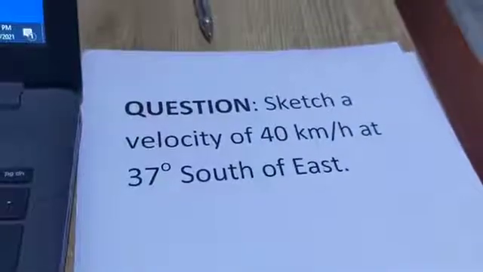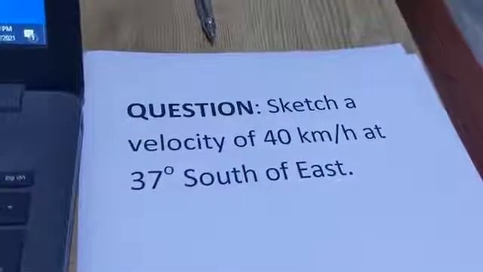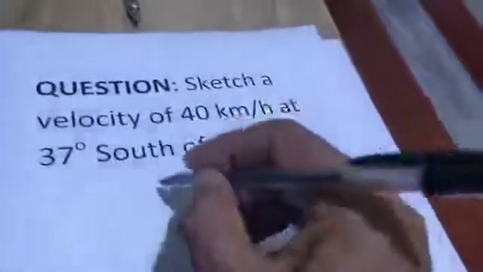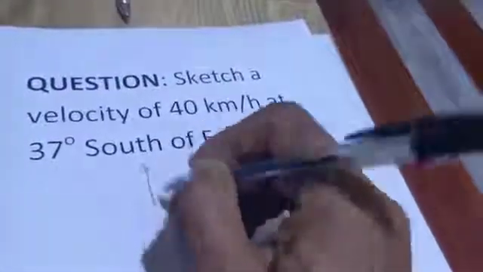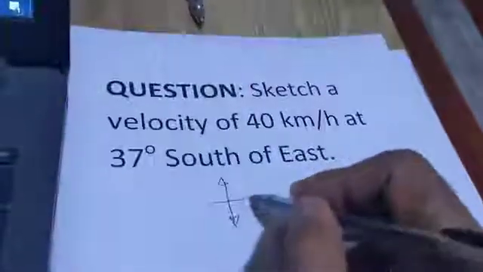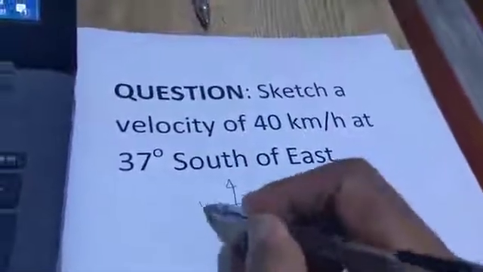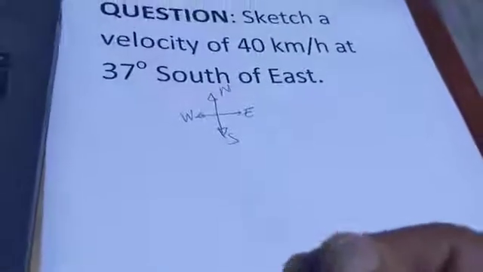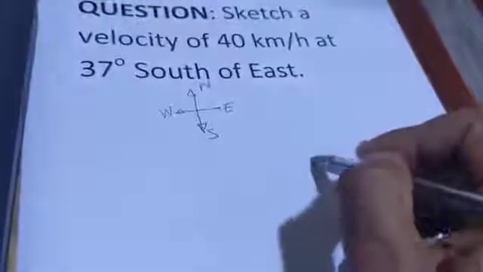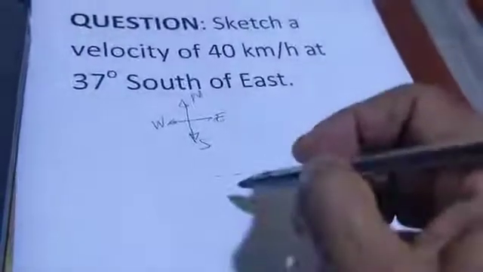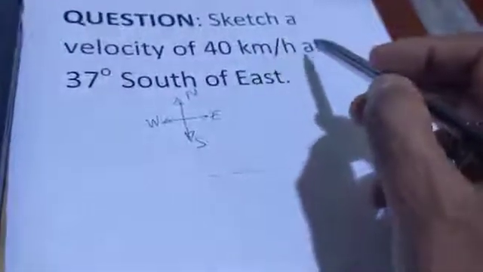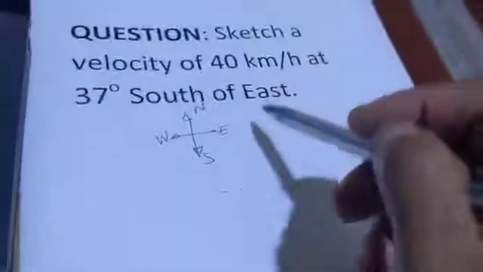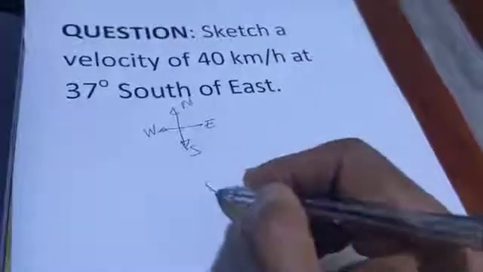Sketch a velocity of 40 km per hour at 37 degrees south of east. Again, you have here east, west, north, and south. Now you can take here, this is the direction of east, and here you have 40 km per hour at 37 degrees south of east.